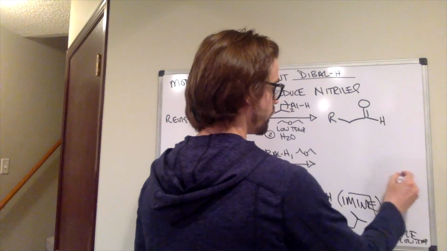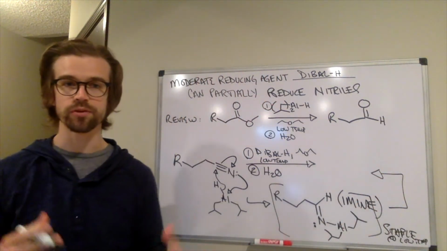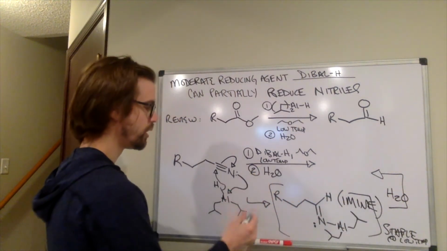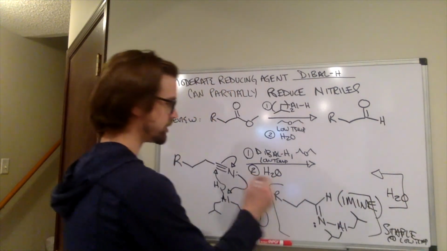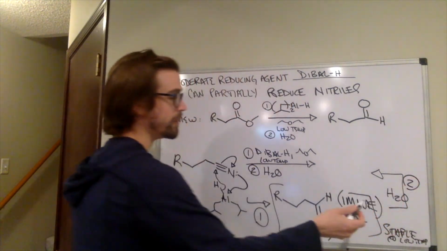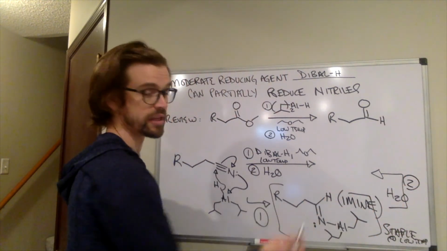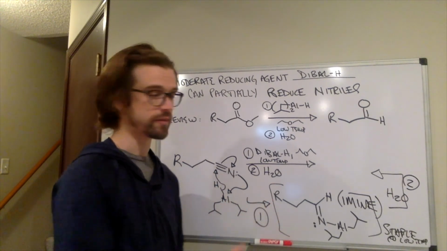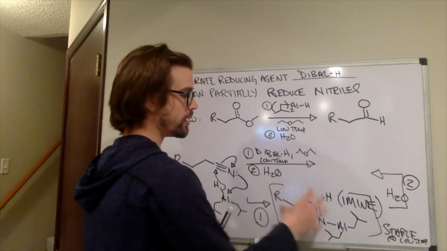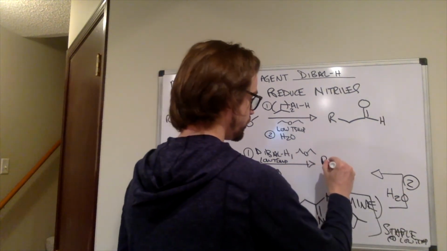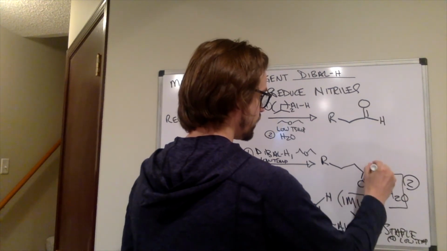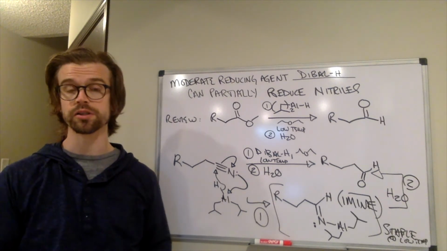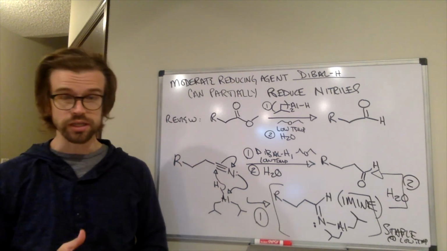And essentially, if you want to look back at that chapter for this mechanism, if we add water to this, so this is kind of part 2, part 1 is forming this complex, reagent 2, the water, is going to add to this carbonyl, or this imine carbon, and that would be an equilibrium reaction when we have an excess of the water. It would push the equilibrium not to the imine, but to the aldehyde. So essentially, the final product here of a partial nitrile reduction is not an imine.